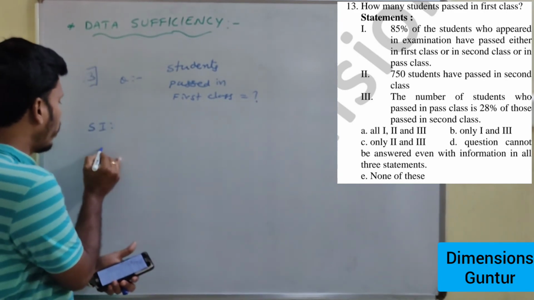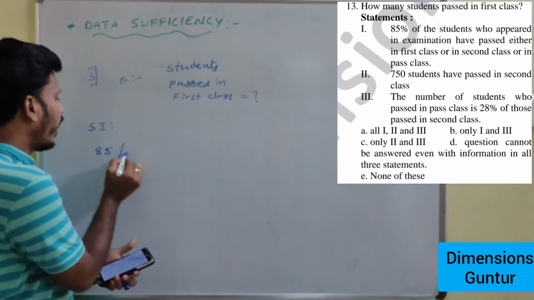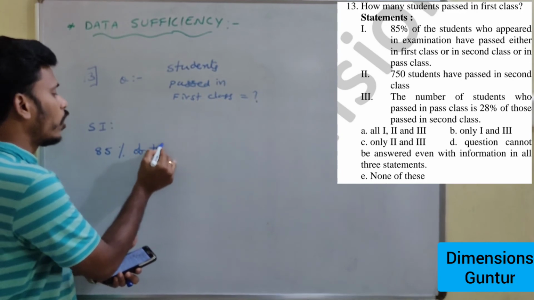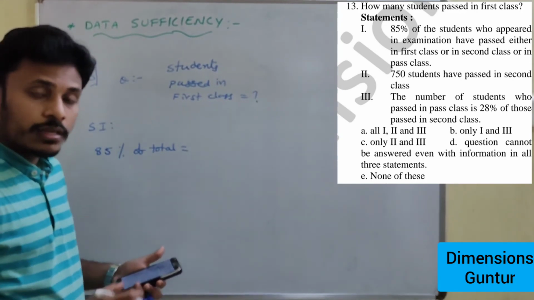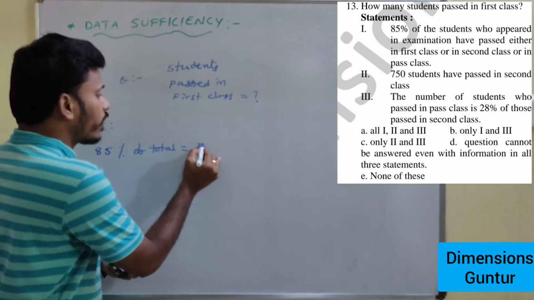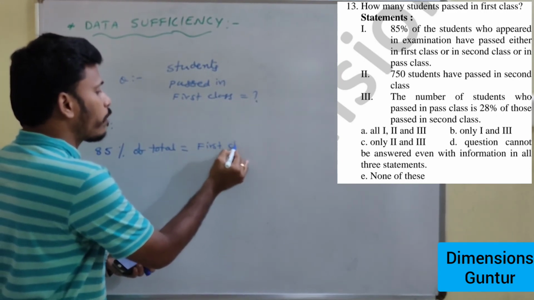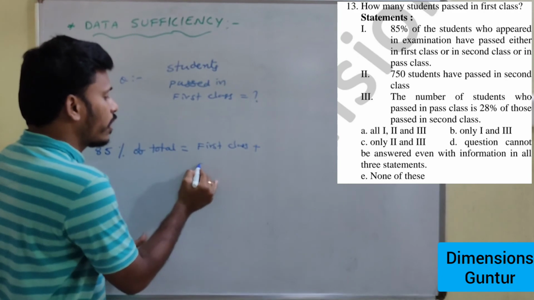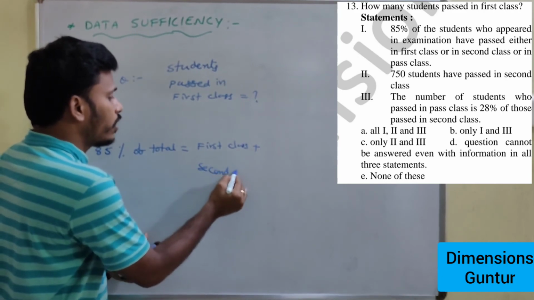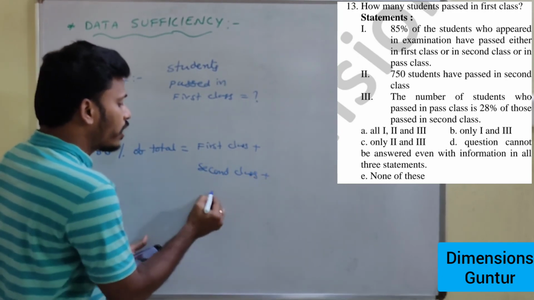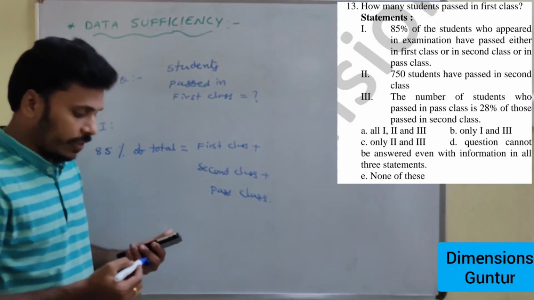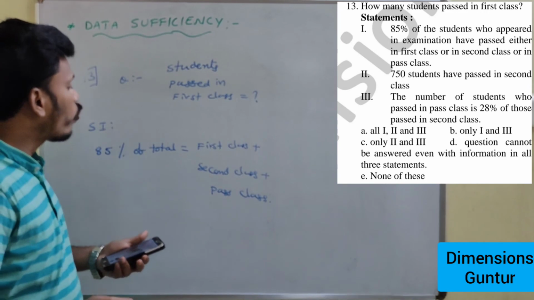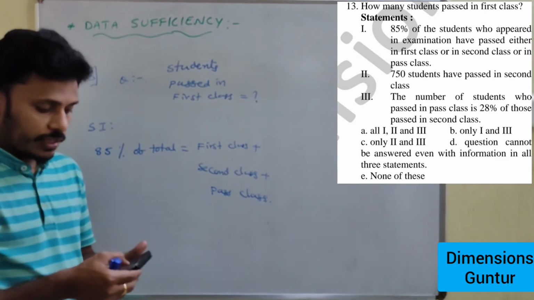So as per statement 1, 85% of the total appeared students passed, and among these passed students, some passed in first class, some in second class, and some in pass class. We need to find the number of students who passed in first class.